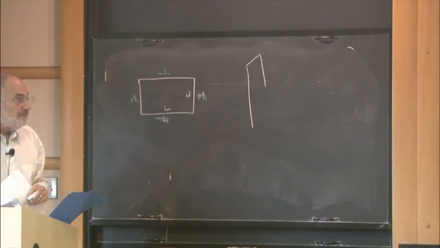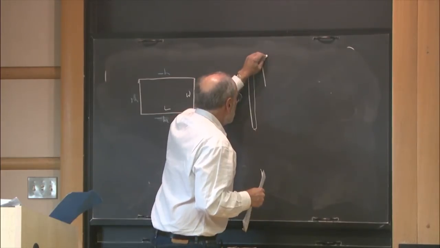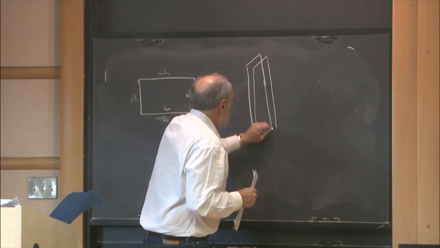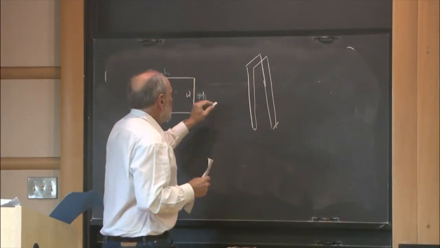Now, if I choose L really small, I get a boundary that looks like this. And that will say this is height H.